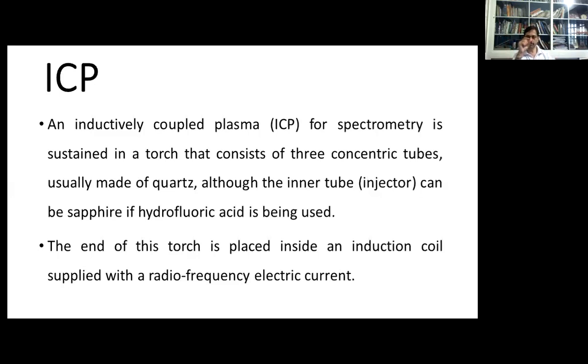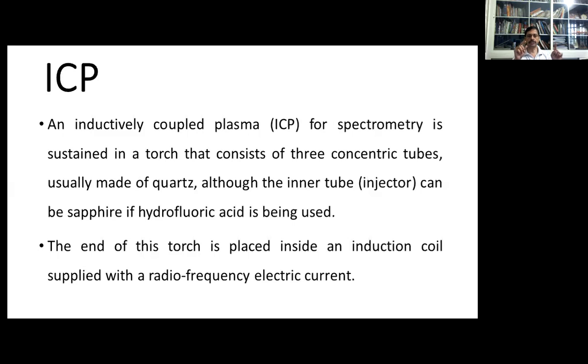Although the innermost tube, which is called as injector, can be of sapphire. Sapphire may be used to prepare the innermost tube, especially when we use hydrofluoric acid in the experiment. And the outer 2 tubes are almost always made up of quartz.